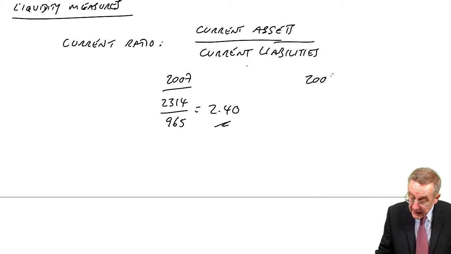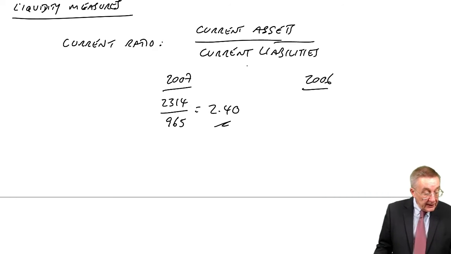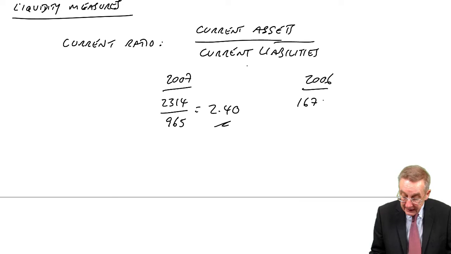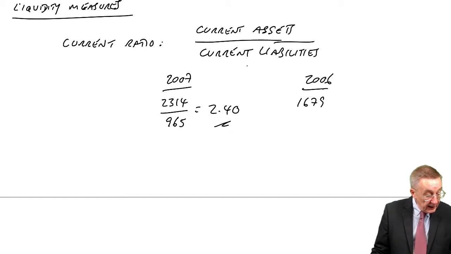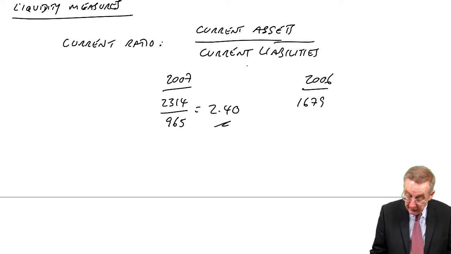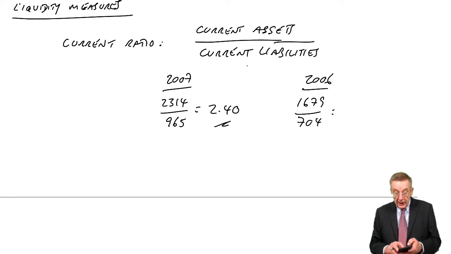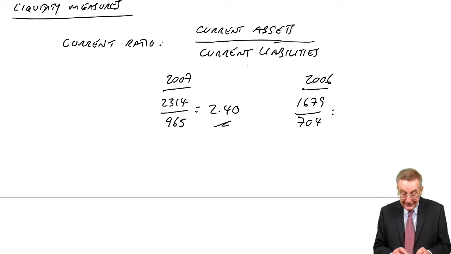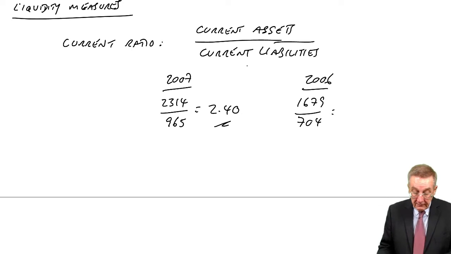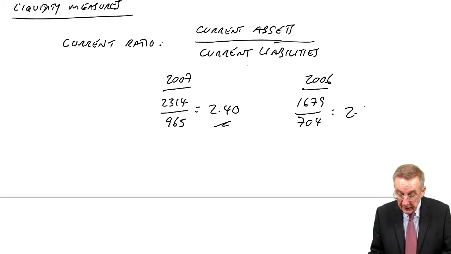In 2006, what was it? Current assets were 1679. Current liabilities were 704. And so last year the ratio was 2.38.